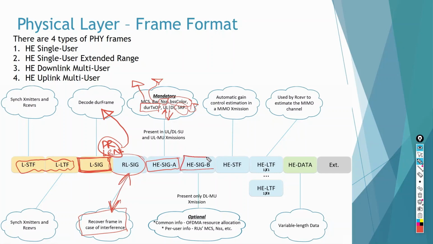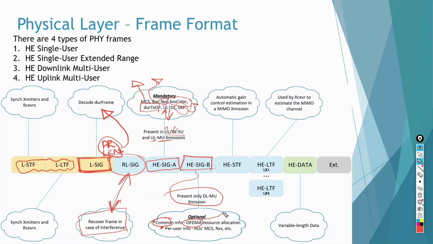The HE-SIG-B is actually an optional field. It doesn't have to exist in any single user transmission, whether it's uplink or downlink, as well as for uplink multi-user transmissions. But it is mandatory to exist in the downlink multi-user transmissions. Basically, it contains two main pieces of info. The first one is common information related to OFDMA resource allocations.